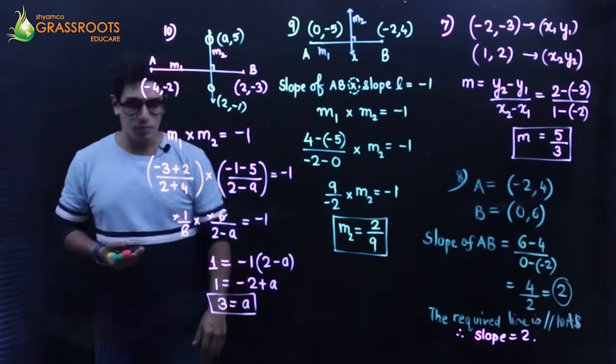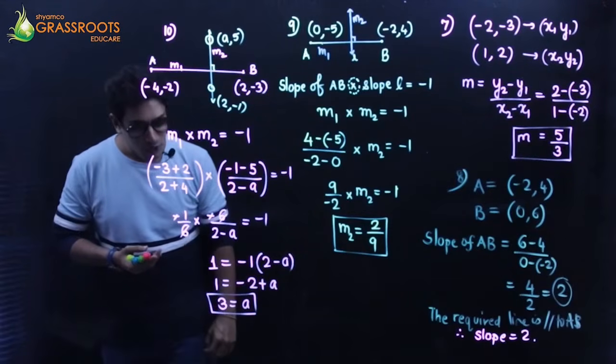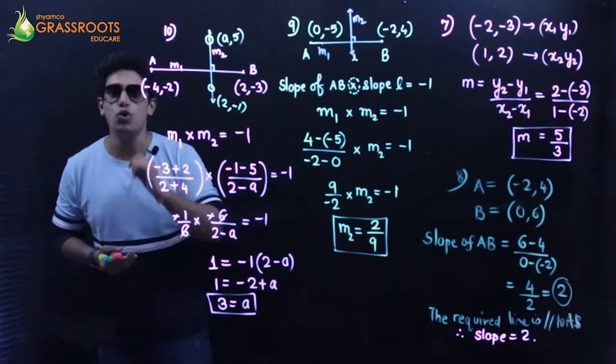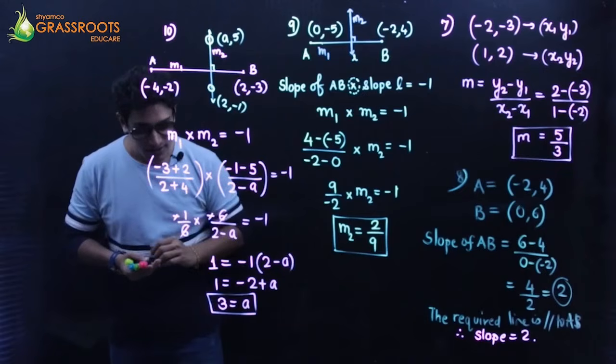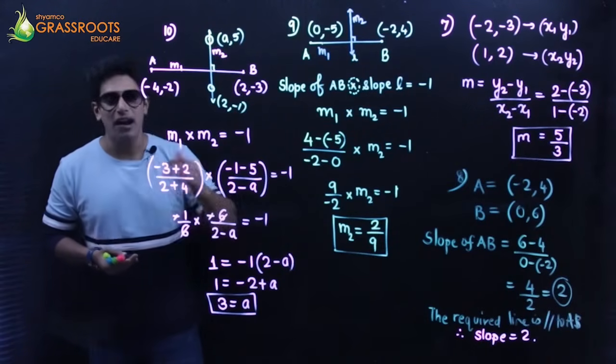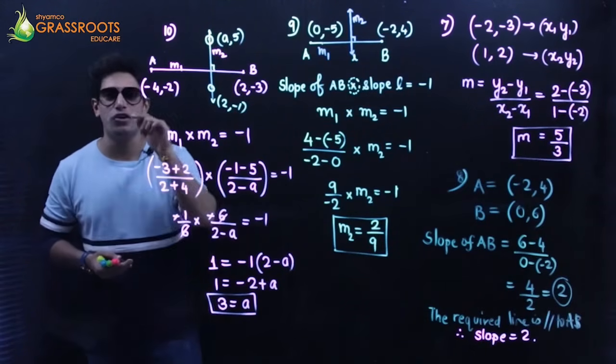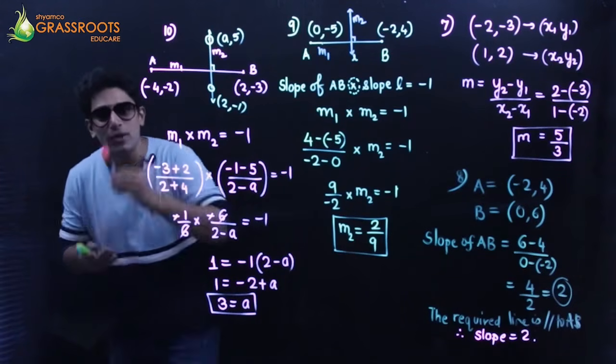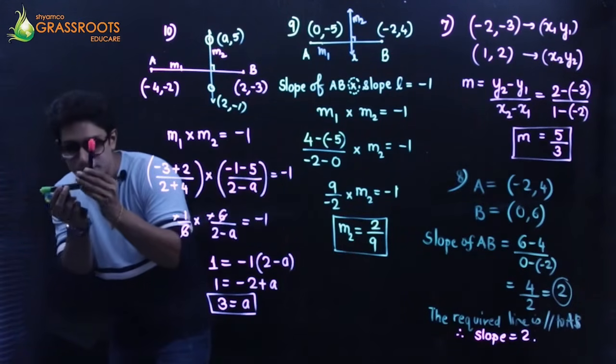One more question. Without using the distance formula, show that the vertices A, B and C are the vertices of a right angled triangle. Now that's simple. Listen now.